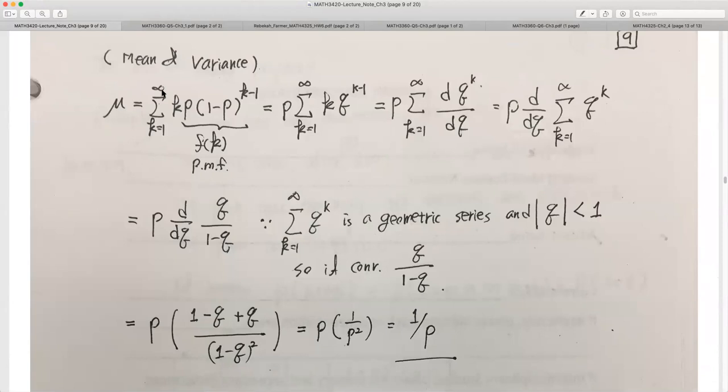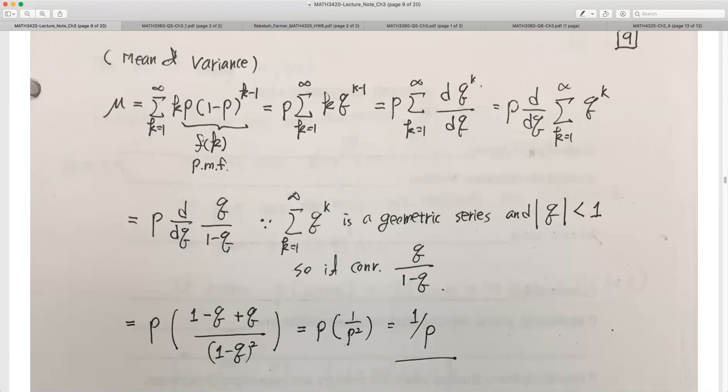We just keep going, doing the experiment until we get the first success. So k goes from 1 to infinity, times the PMF of the geometric distribution, p times 1 minus p to the k minus 1, right?